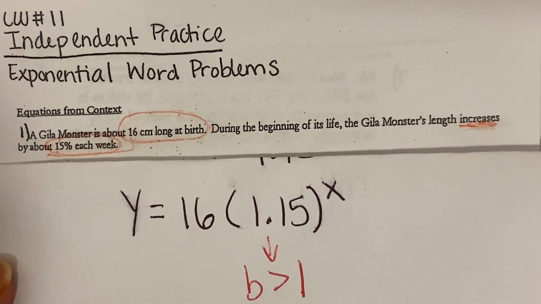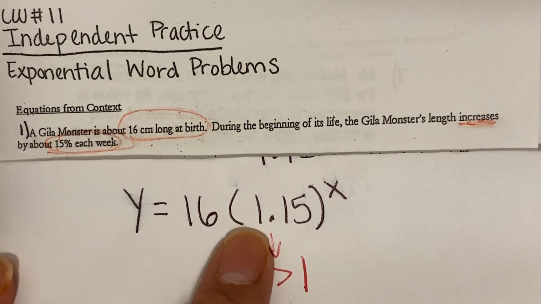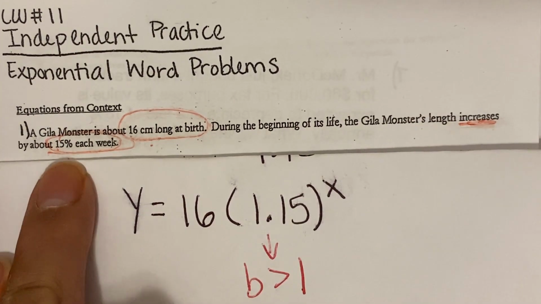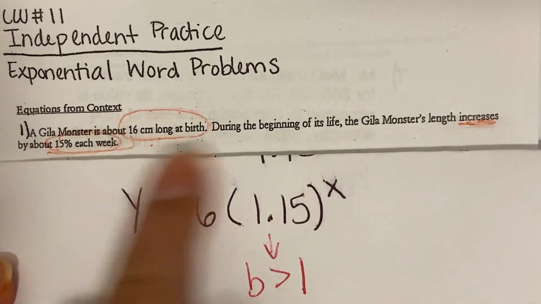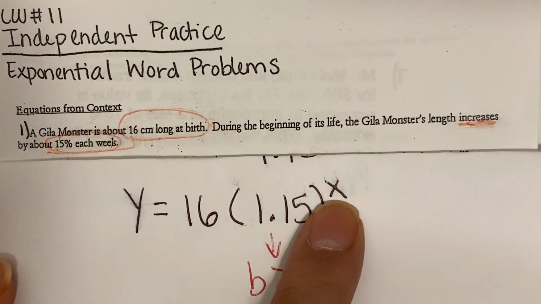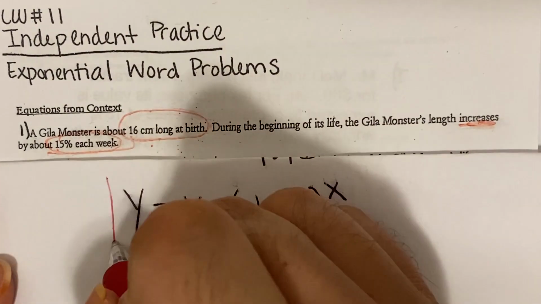Our multiplier is greater than 1, so that means that it should be growth. And that is true because it says here the Gila monster's length increases by about 15% each week. So this 1.15 represents 100% plus the 15% that it's increasing each week. So that's why it's 1.15. And then of course you have the power, which is always going to be x in an exponential function. So this is your final answer, and that's where we would stop.